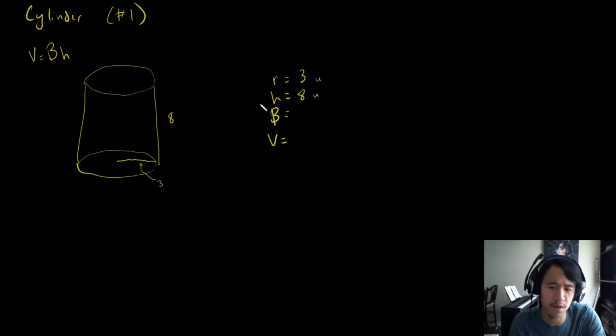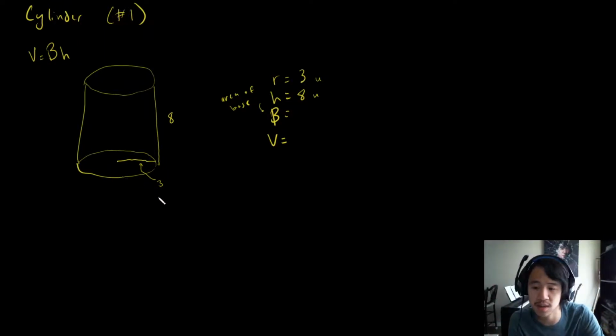And the capital B, just as a reminder, is the area of the base. So whatever the base is, capital B is going to be the area of the base. In this case, if you take a look, our base is a circle. So capital B is going to be pi r squared.